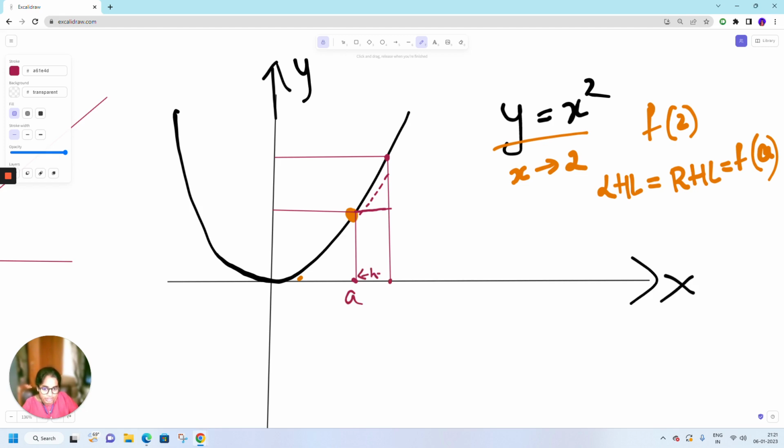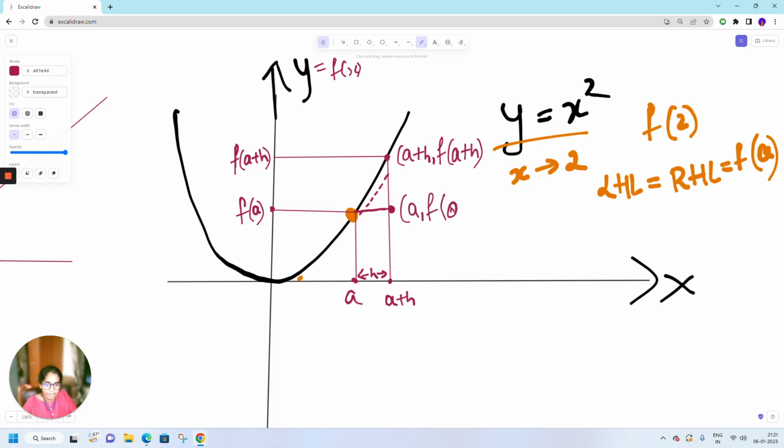Suppose it has moved a distance h, this would be a plus h. Can I call my y as f of x, just a function of x? So this would be my corresponding f of a, and over here it would be f of a plus h. What are the coordinates here? It would be a plus h comma f of a plus h, and over here I would get a comma f of a.